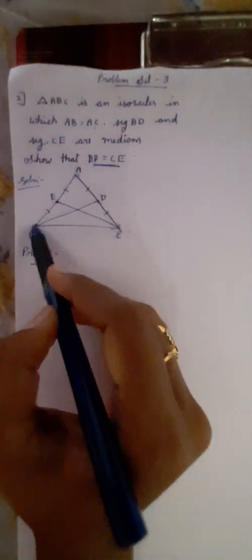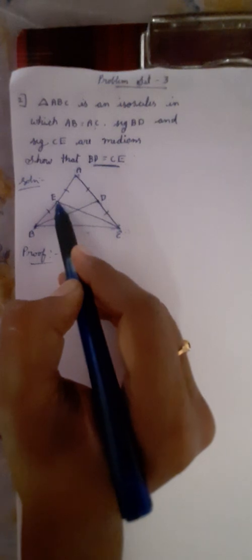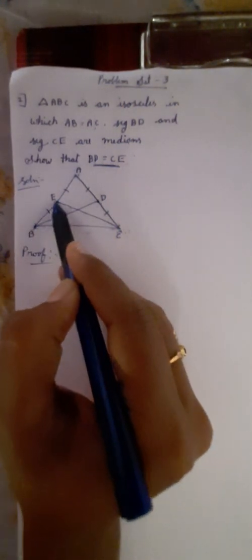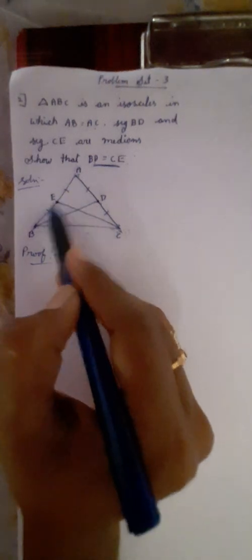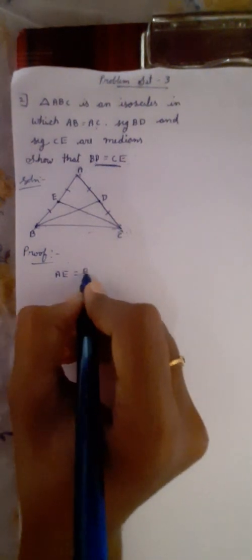Here already it is given on AB, CE is the median, correct? So E is the midpoint. We know if E is the midpoint, length of AE and length of EB, these two are equal, correct? So we can write AE is equal to BE, these two half lengths.